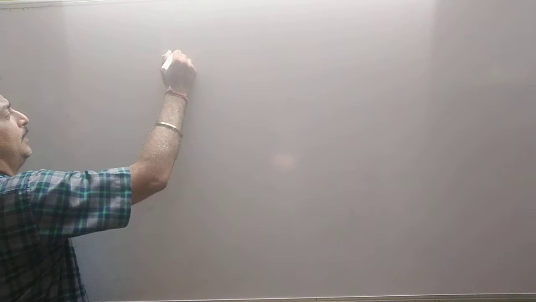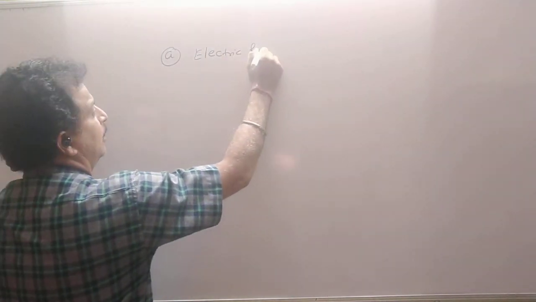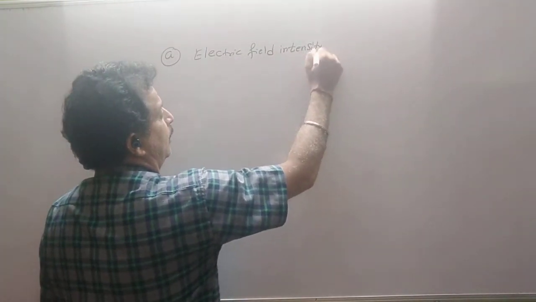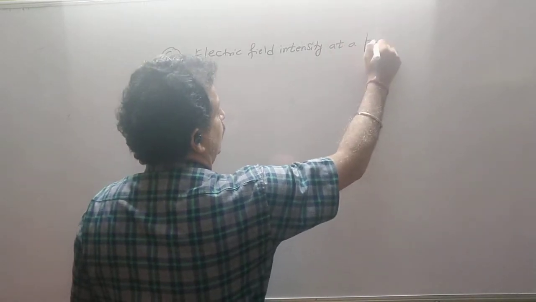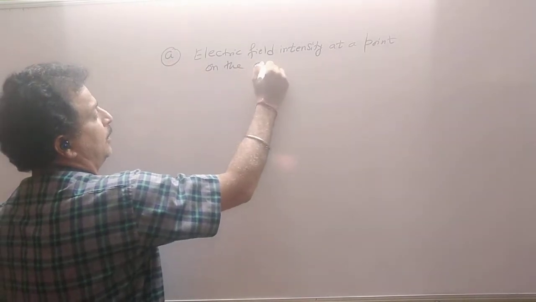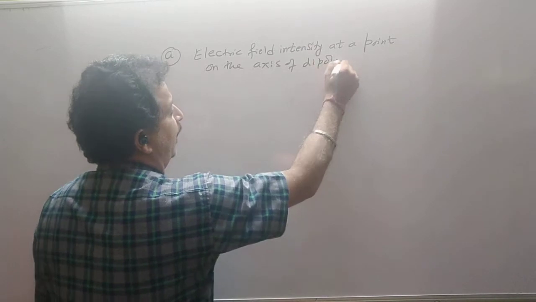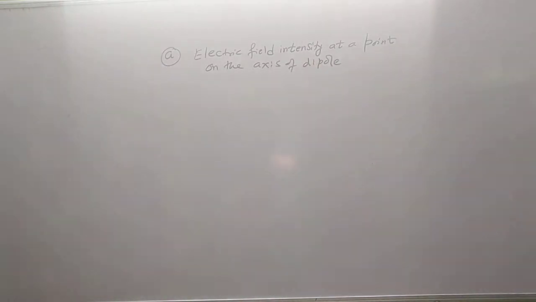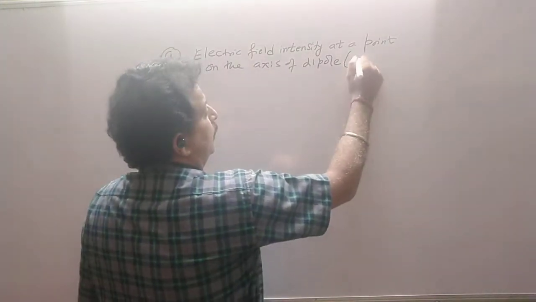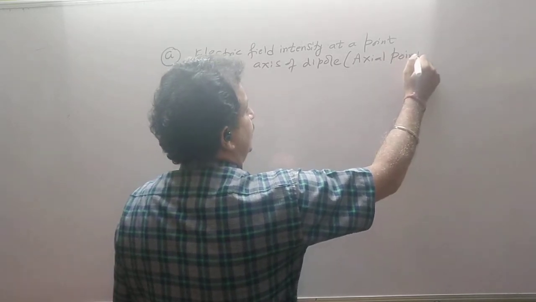So the first part is electric field intensity at a point on the axis of a dipole. That point is sometimes also known as the axial point.